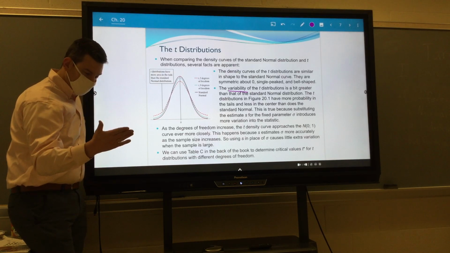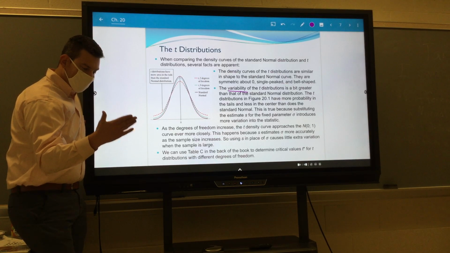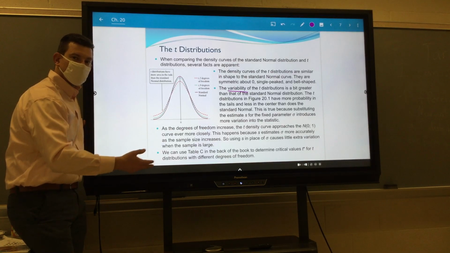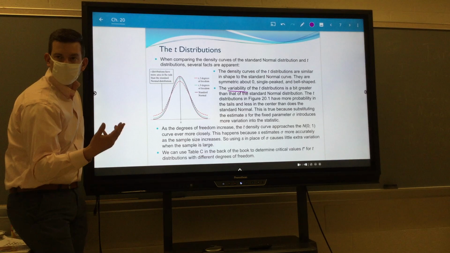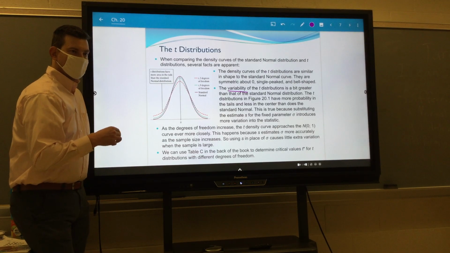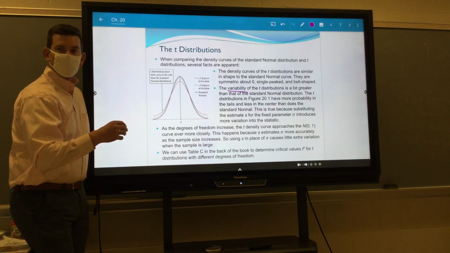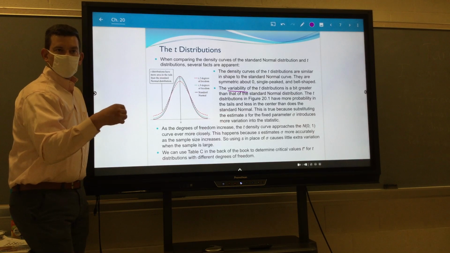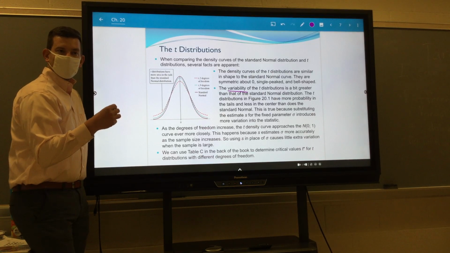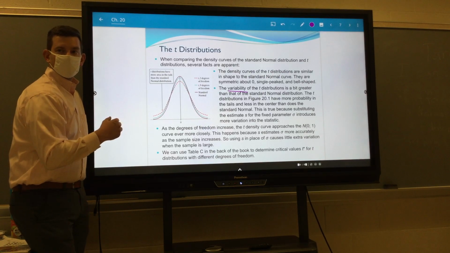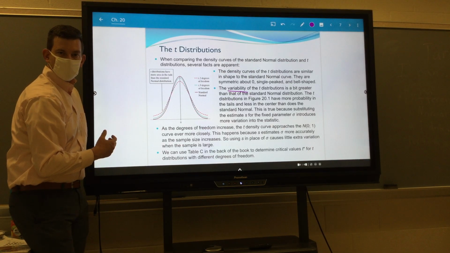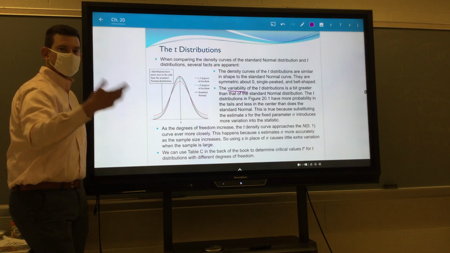In theory, if you remember, as the sample size gets bigger and bigger, the sample standard deviation becomes the population standard deviation. You could show this with calculus: if you take the limit of a t-distribution as n approaches infinity, it becomes the normal distribution. So they're essentially the same thing.